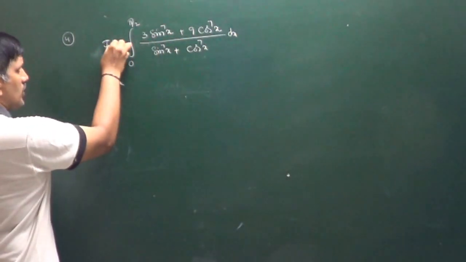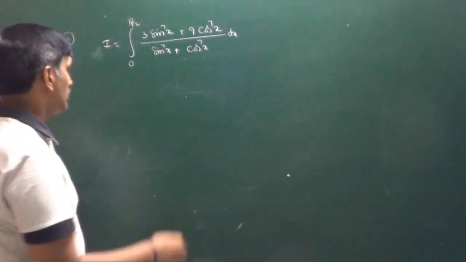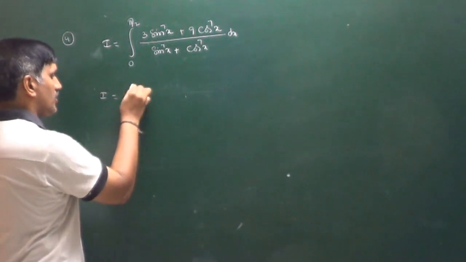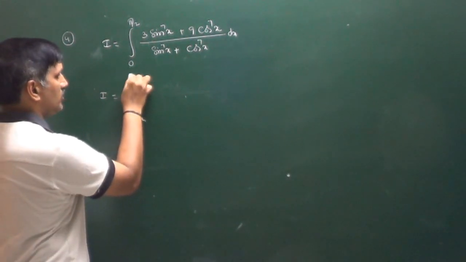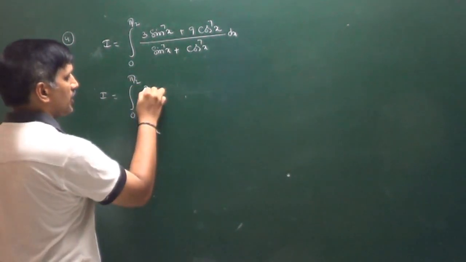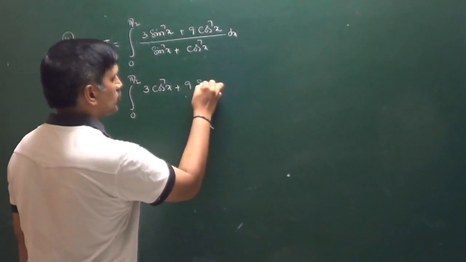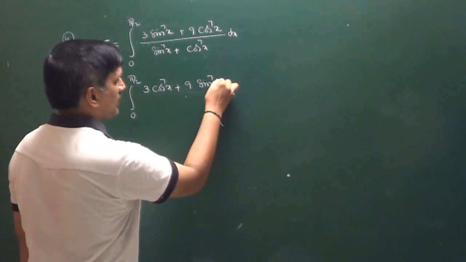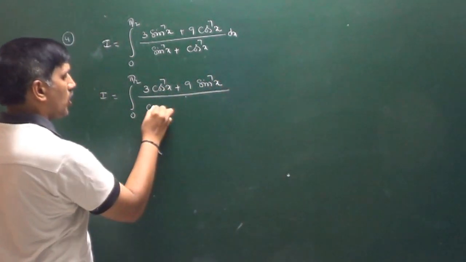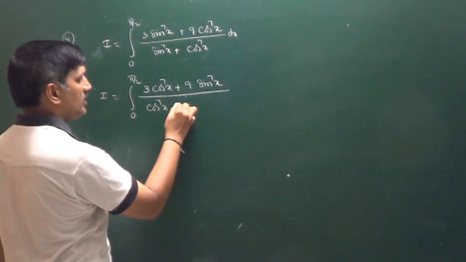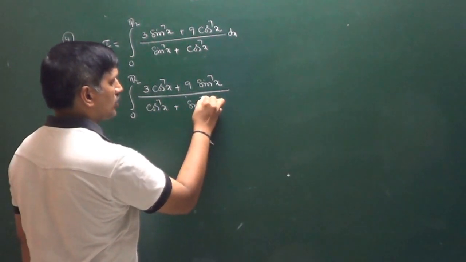Let us see how to proceed with this question. That is I. The same I we can write as integral 0 to pi by 2 of (3 cos^7 x plus 9 sin^7 x) divided by (cos^7 x plus sin^7 x).